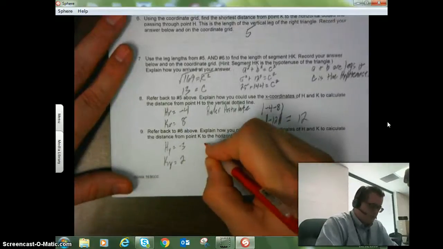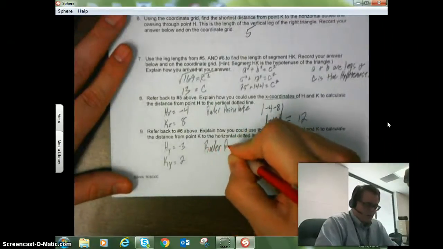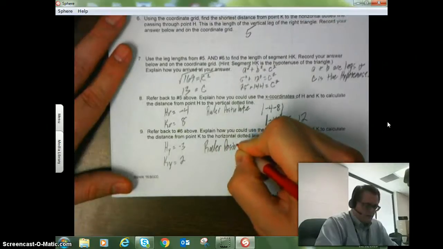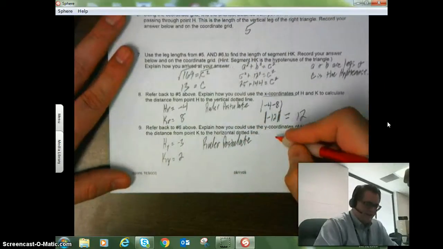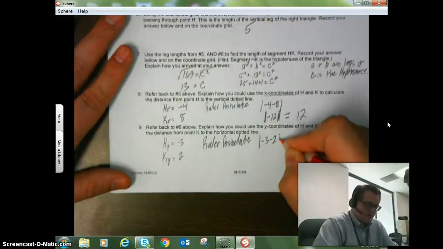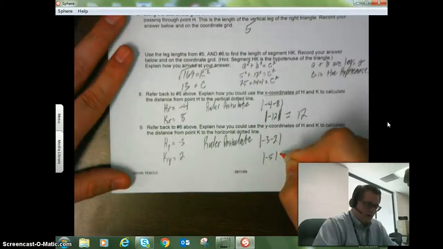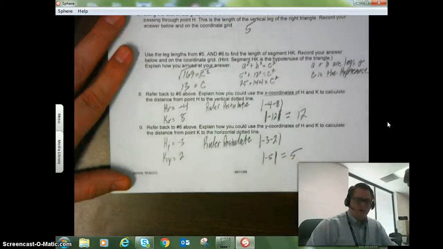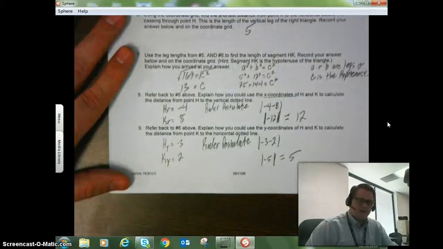But again, my Ruler Postulate, which says the distance of something can't be negative, we can say negative 3 minus 2. I can take the difference of these also, and I'll get the absolute value of negative 5. And the absolute value of negative 5 is the 5 that we counted for the length of that side of the right triangle.